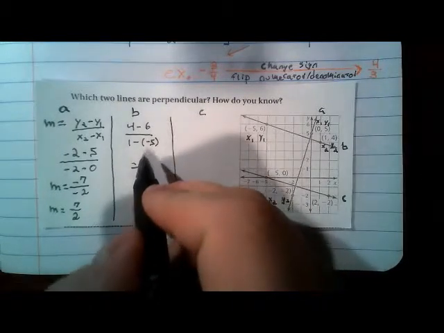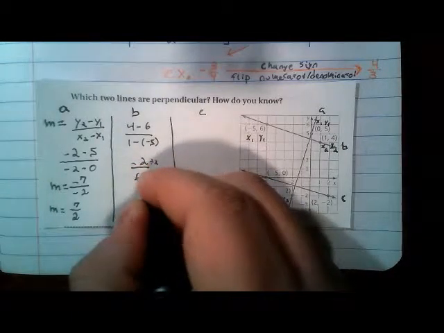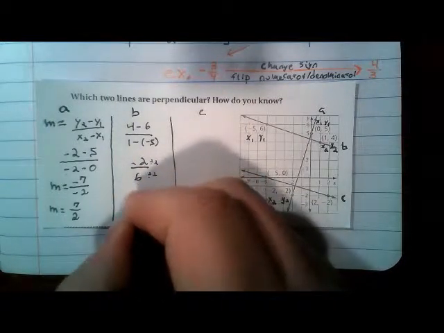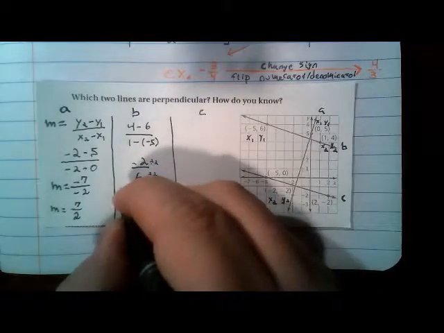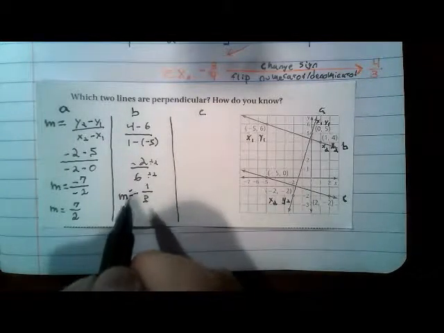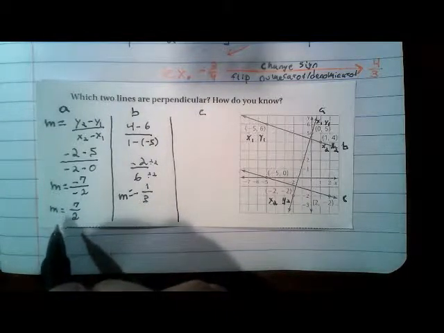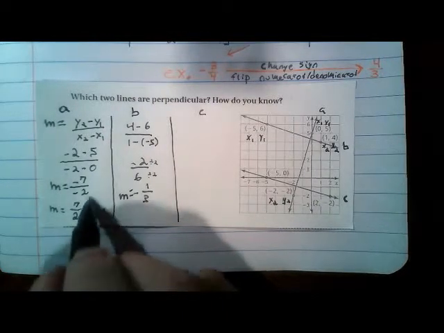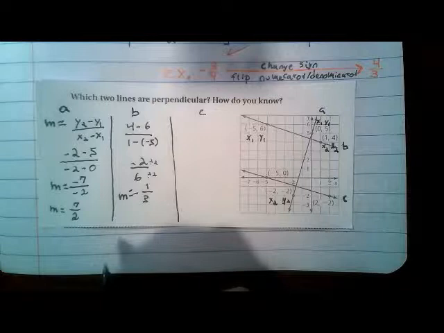Now I can reduce negative 2 over 6. They're both even, so 2 goes into both. Negative 2 divided by 2 is negative 1, over 3. So the slope for line B is negative 1/3, which is not the reciprocal to 7/2. The negative reciprocal we're looking for is negative 2 over 7. Flip the numerator and the denominator, and then change the sign.